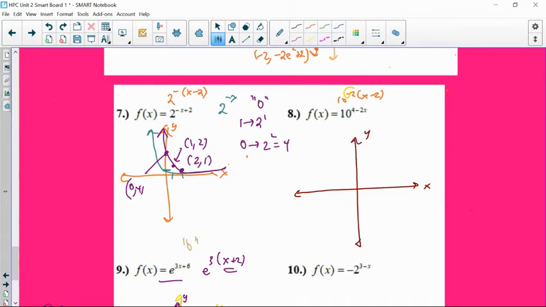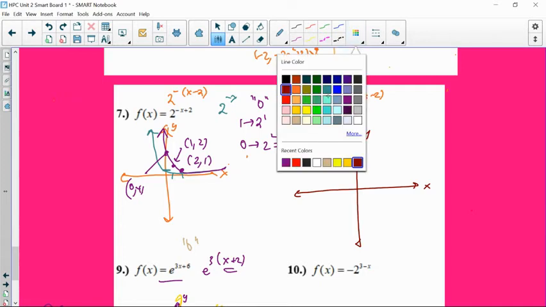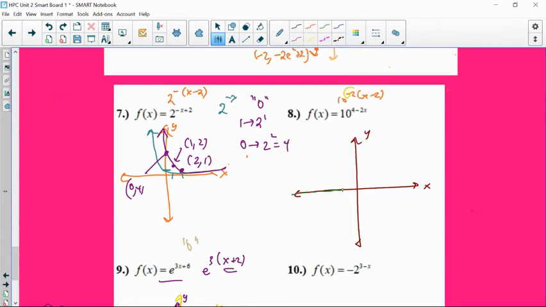So our horizontal asymptote is not going to change. We're still going to have that at y equals 0, right? And then again, because it's a negative exponential function, it's going to have that same shape that we saw over here. So I'm going to see, like here, going through something like this before I shift it.